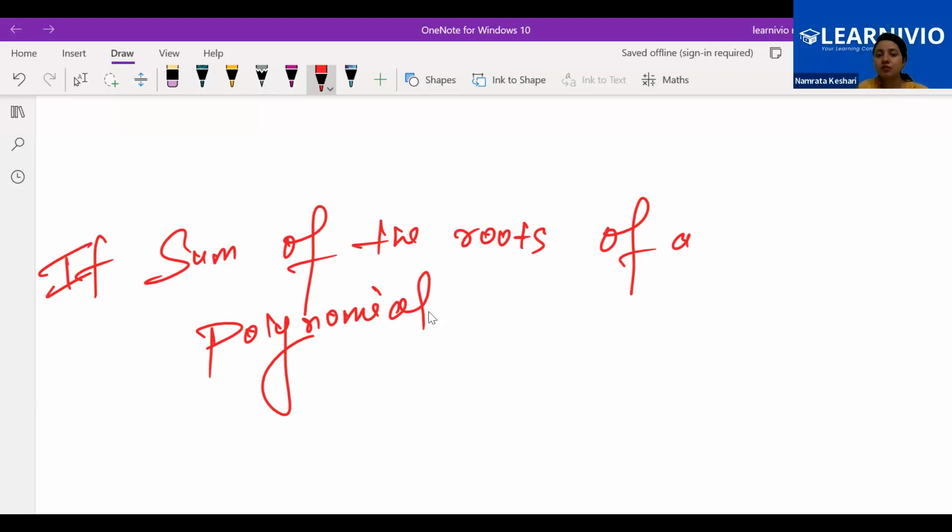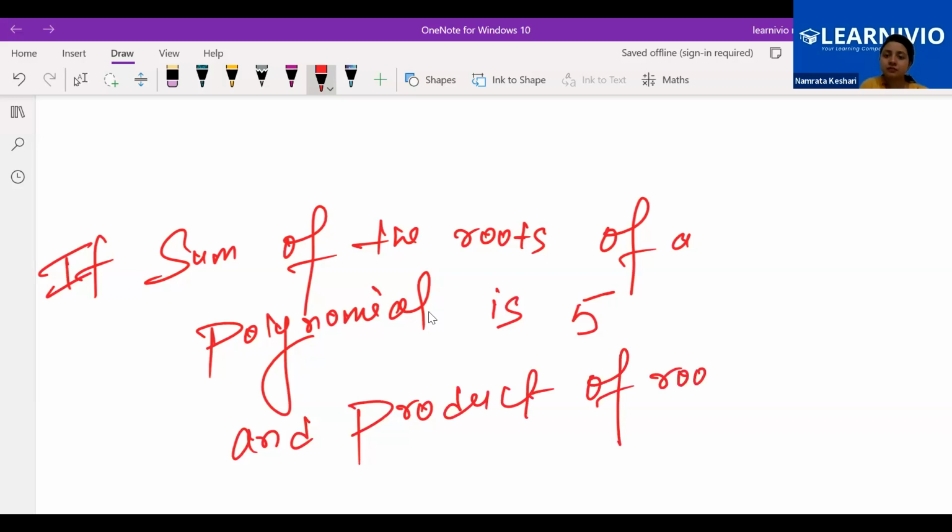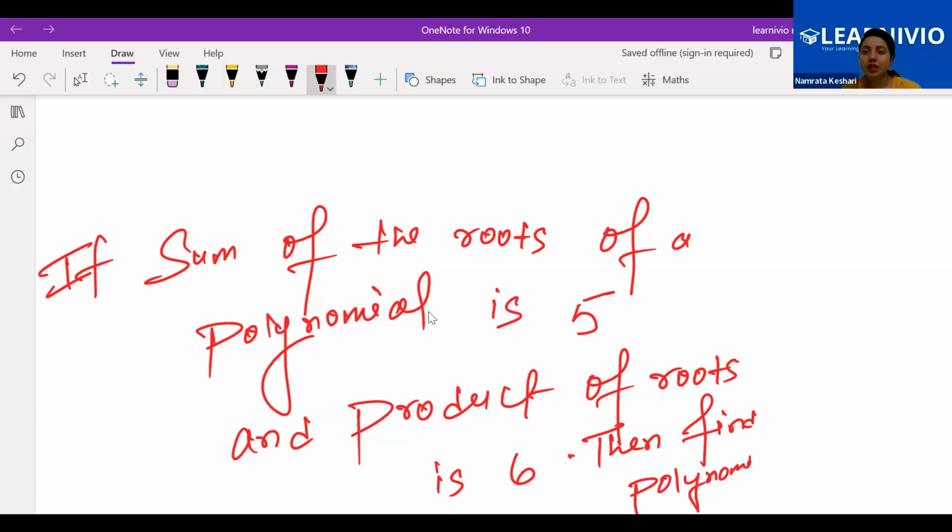If the sum of the roots of a polynomial is 5 and the product of the roots is given, then find the polynomial. Can you tell me how to find the polynomial? Alvina, what will be the polynomial?